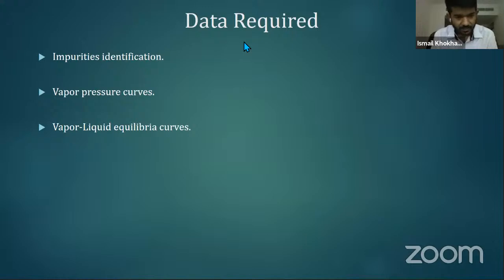With the help of these methods, we came to know what the impurity was. Then, whether the vapor pressure curve of these impurities is available in the literature. If available in authentic literature, then it's fine, you can use it directly. But if it is not available, then you need to generate the vapor pressure curves and the VLE curves with respect to the product and the reactant.